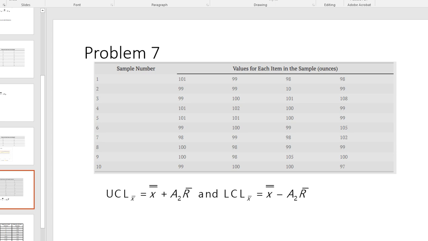So according to the upper limit, the lower control limit, and the center line, the value for the average of sample averages, we will be able to draw these 3 lines.